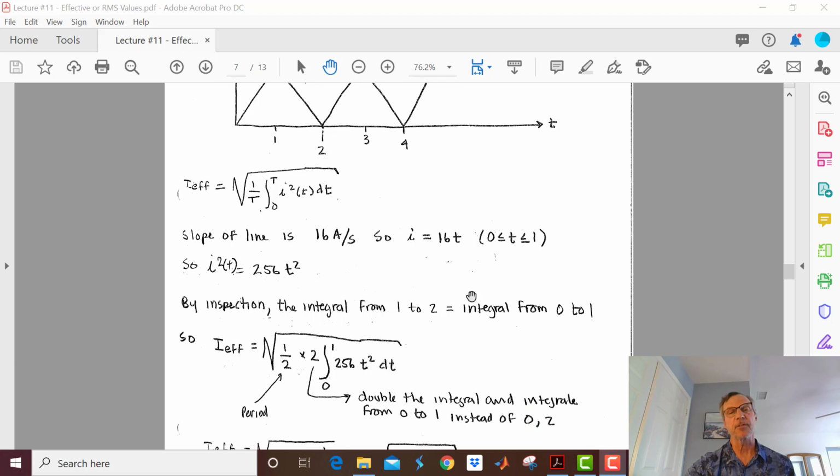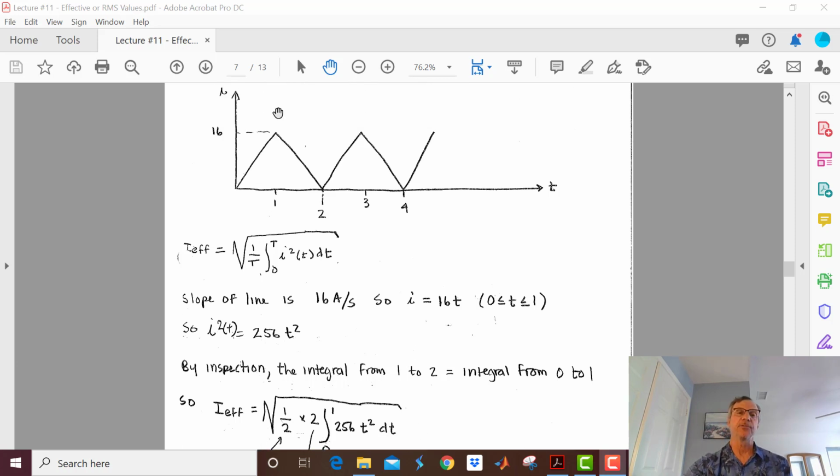So I can simplify the problem by inspection. Here's my statement: the integral from 1 to 2 is equal to the integral from 0 to 1. So my I effective is going to be 1 over T, that's 1 over 2, multiplied by 2 times this integral. See how I put that 2 here? I said double the integral and integrate from 0 to 1 instead of from 0 to 2. Just keeps it simple.